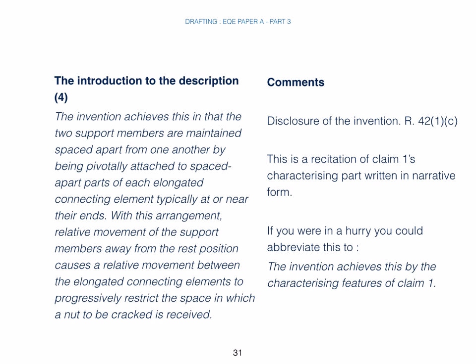On the other hand, if you're really in a hurry at this point of your writing, especially if the claim is long, you could instead of writing up the claim characterizing part completely just say the invention achieves this by the characterizing features of claim 1.